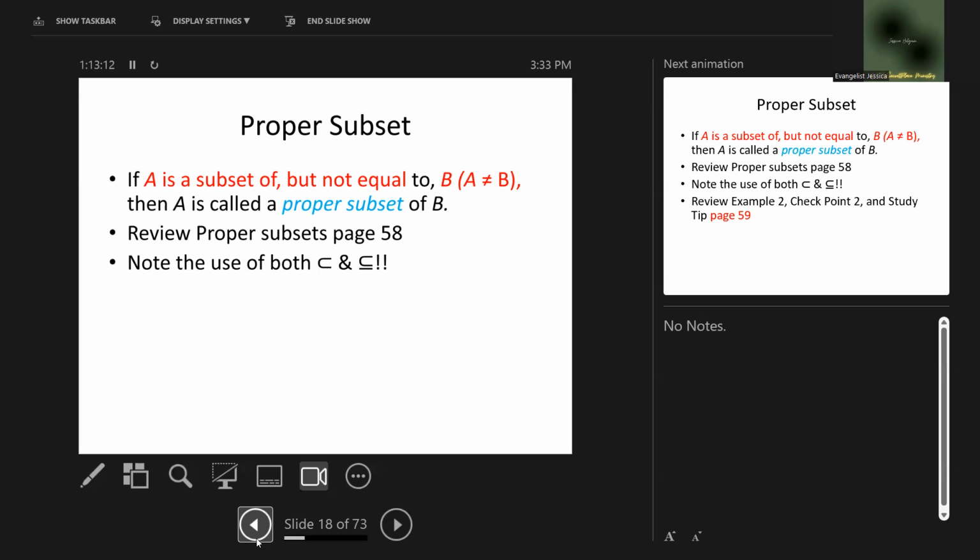Look at number B. You have set A, 2, 4, 6, 8, and set B, 2, 8, 4, 6. Are they a subset or a proper subset? Okay, because they have exactly the same members, it's a subset.